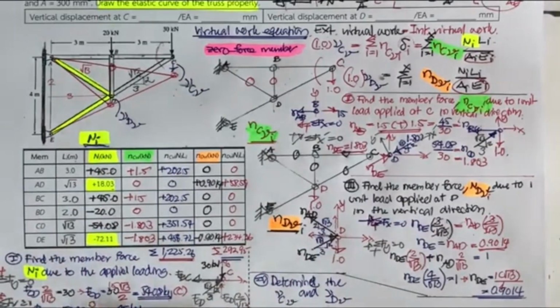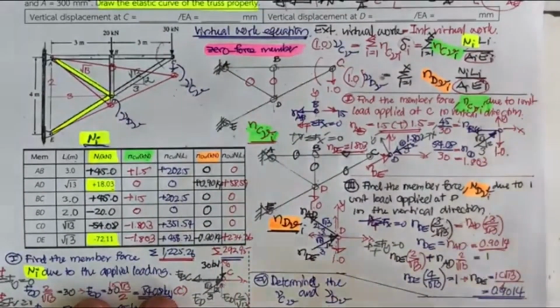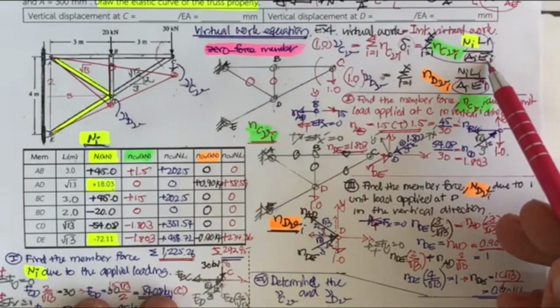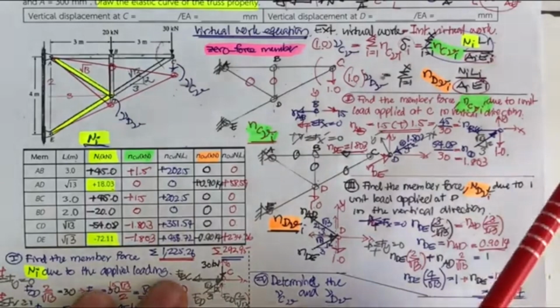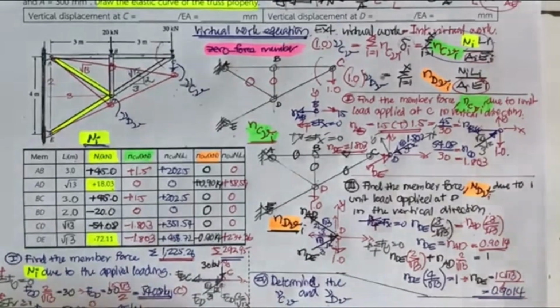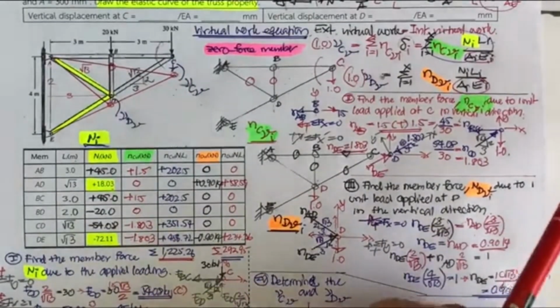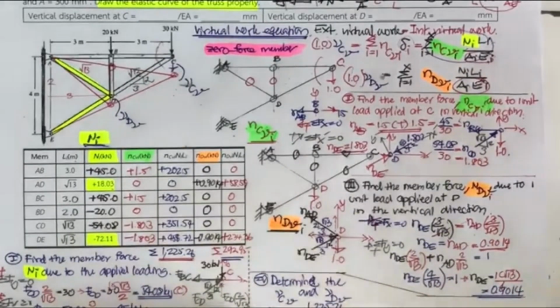Okay, and now you are ready. You've got the number of this one. Just divide by AE. You may have the deflection V sub CV equal to 1,225.26, and divided by AE.